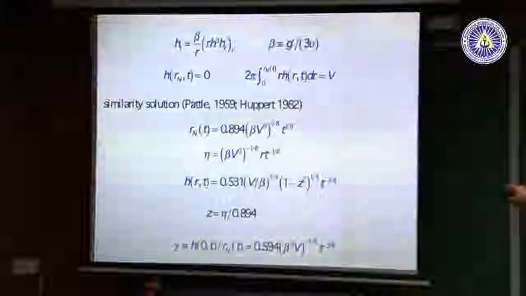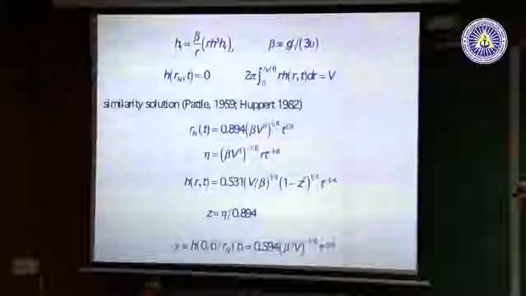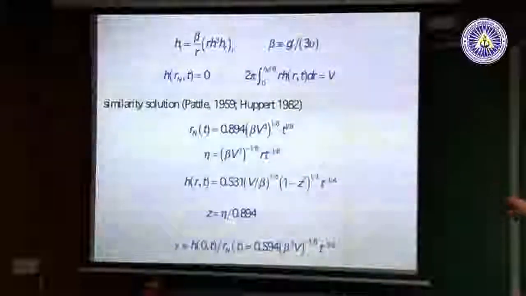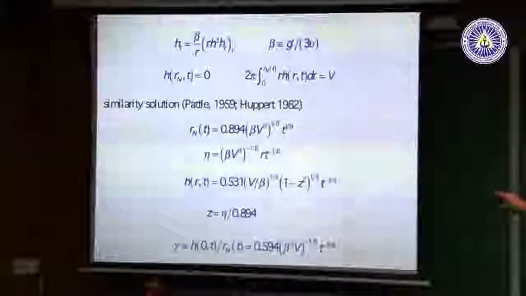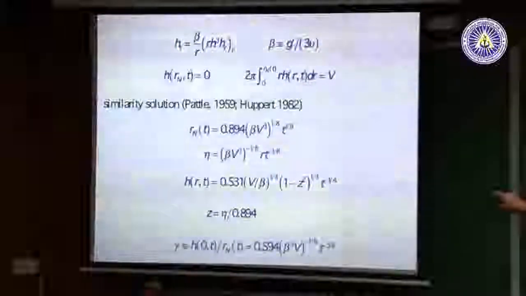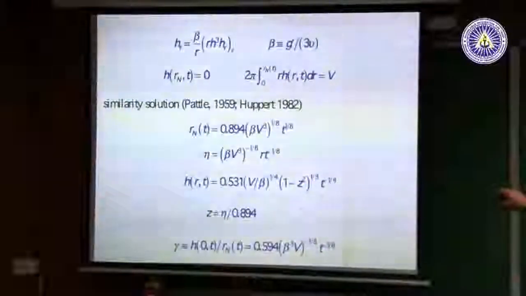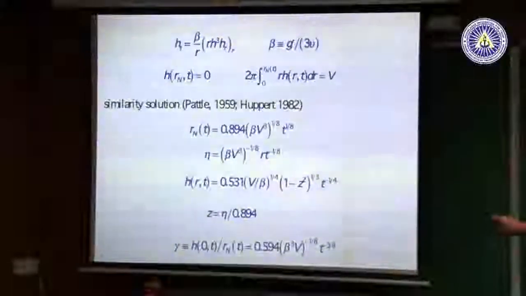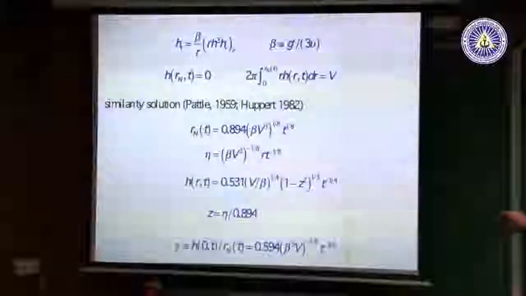Now there's a similarity solution which goes beta v cubed to the 1/8 t to the 1/8. Forget about this 894, that's just to allow the similarity variable, eta, which I've written like this, to go between 0 and 1, if I make z rather go between 0 and 1.